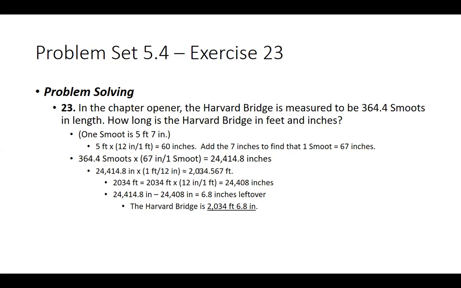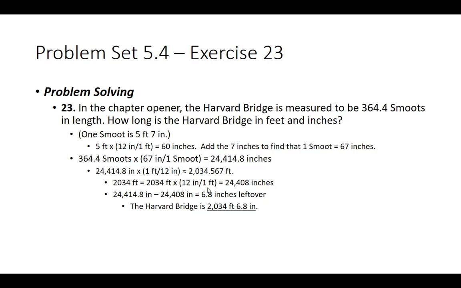So we have the feet part of it now, 2,034. We need the inches. Well, 2,034 feet in inches would be 2,034 feet times 12 inches over 1 foot.